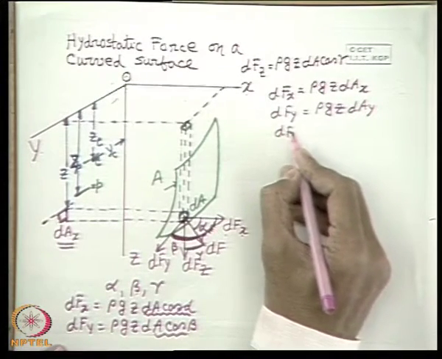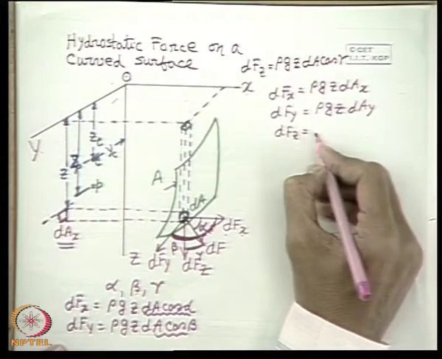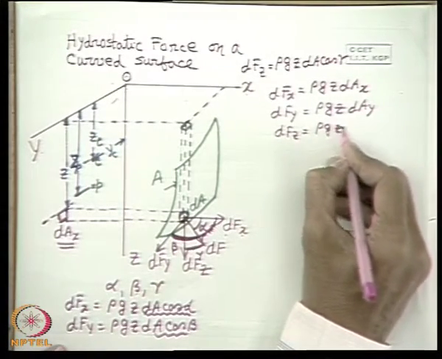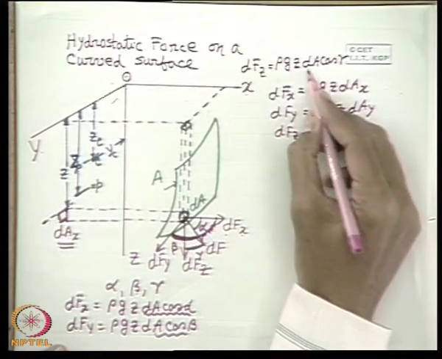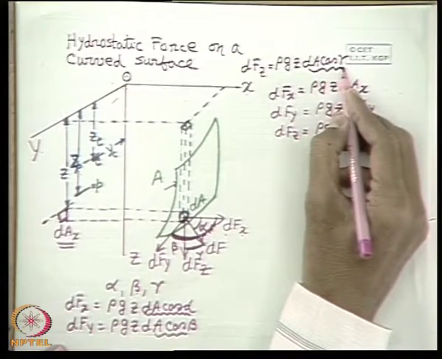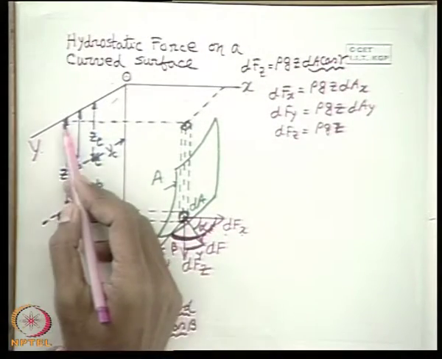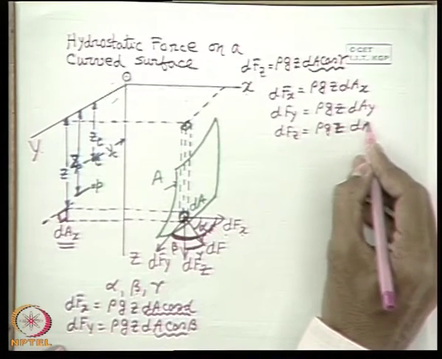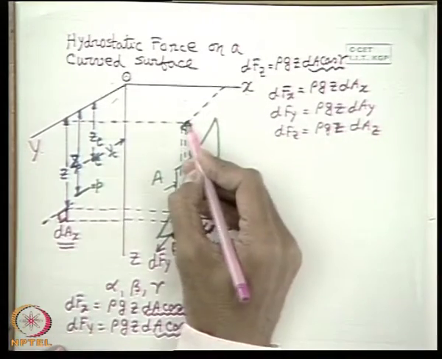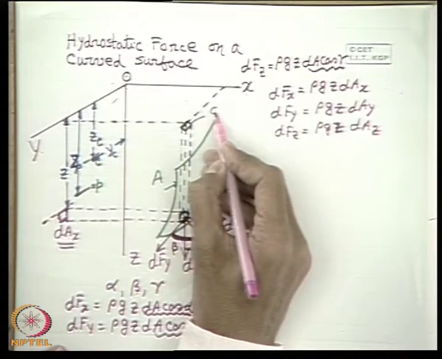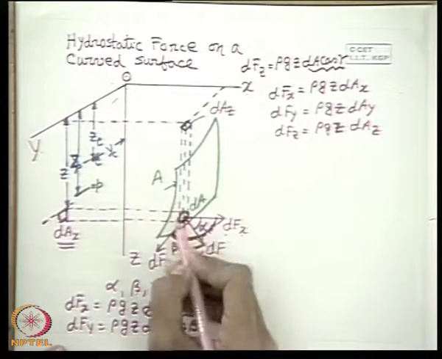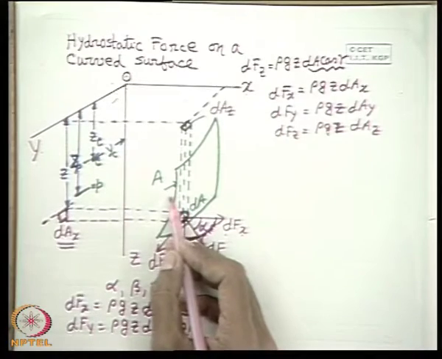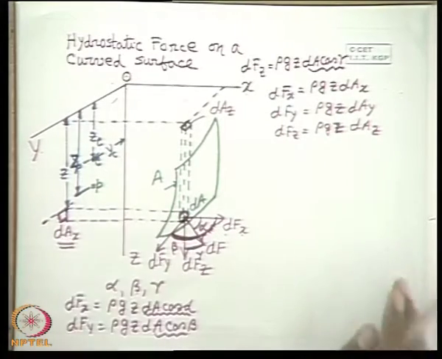Similarly, dFz will represent rho g z times dA cos gamma, which is the projected area of dA on the xy plane, that means the plane perpendicular to the z direction, which is shown here. This area is dAz. The dAy area is not shown here, it is difficult to show on this two-dimensional paper.